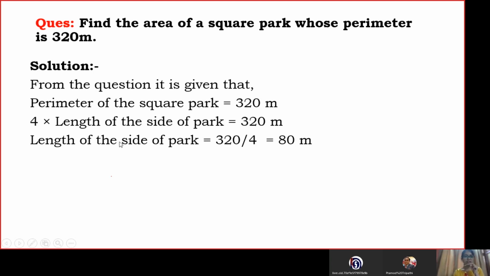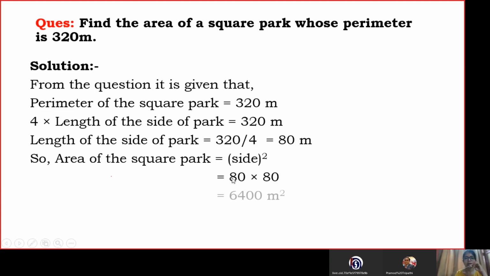So the side can be calculated by dividing the perimeter by 4. Find out the side of the square park, and then I'm sure you will be able to find out the area. The area of a square park is given by the formula side square, or side into side, which gives us the answer as 6,400 meter square.